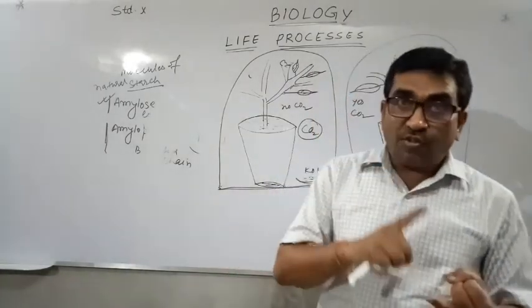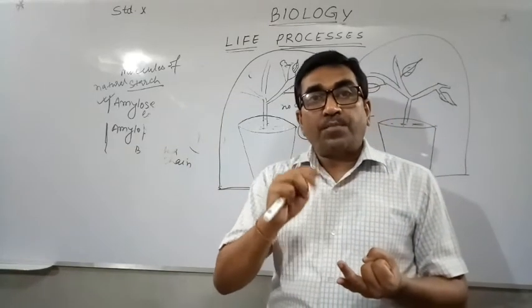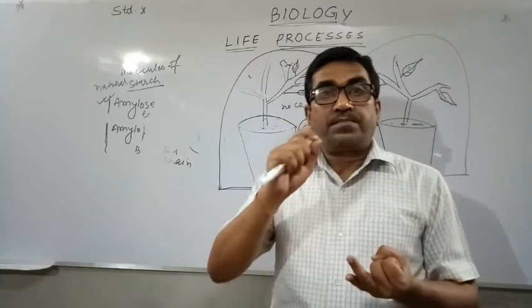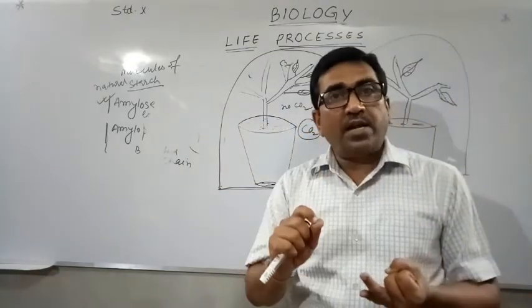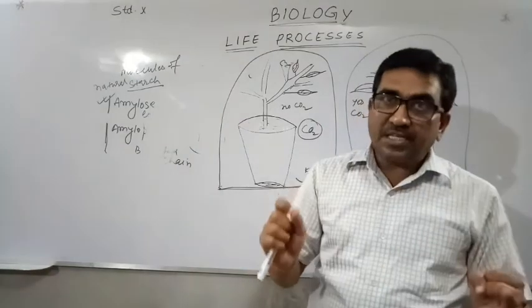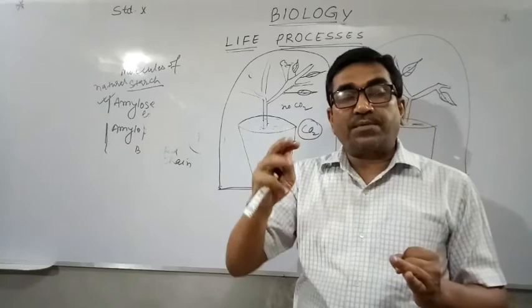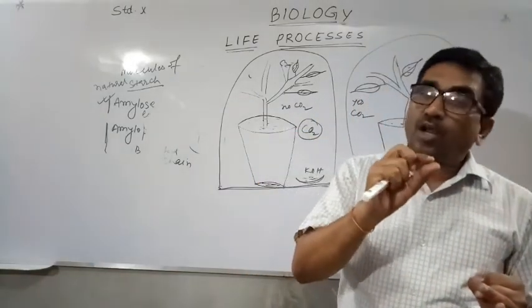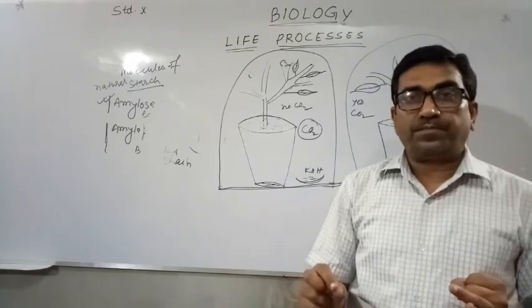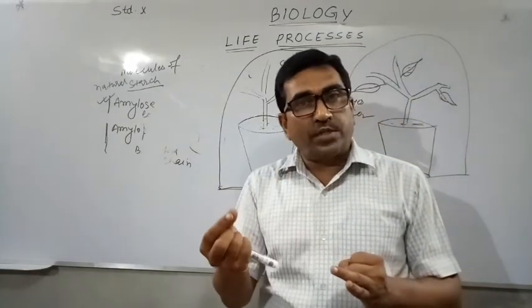What is the second thing we have learned? What happens when we boil the leaf? When we boil the leaf, it is dead. The cuticle, that is the upper waxy surface, becomes loosened, and the cell wall also becomes loosened. What is the benefit of this?